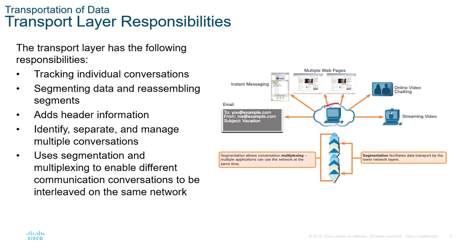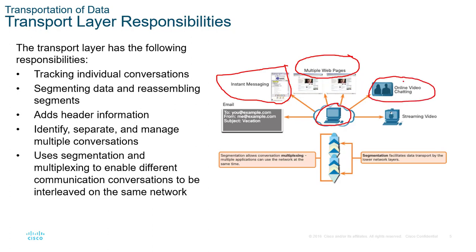As we know, computers nowadays are multitasking devices. The smartphones we use, the tablets, the laptops and computers and all these different networked devices will be utilizing multiple different applications. We may be browsing a website or multiple websites, using instant messaging applications or online video conferencing applications, sending email, transferring files, doing downloads.